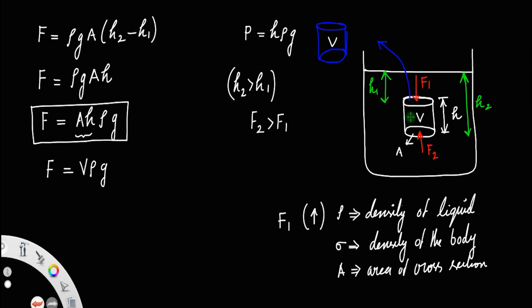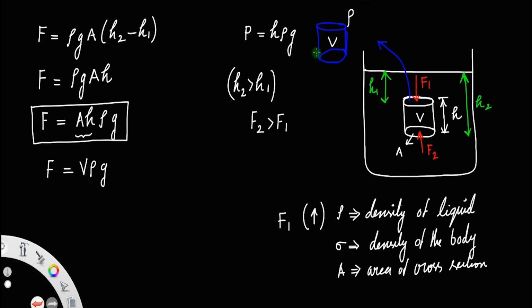Whatever you immerse in a liquid, a volume equal to the volume of the body is displaced by that body. Clear? So the volume is this, and the density is the density of the fluid displaced, since the density of the liquid inside the beaker is rho.